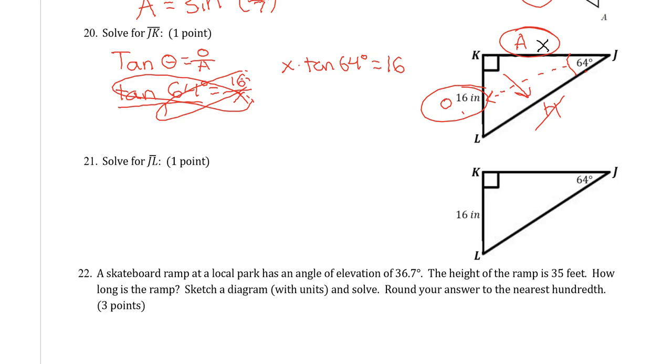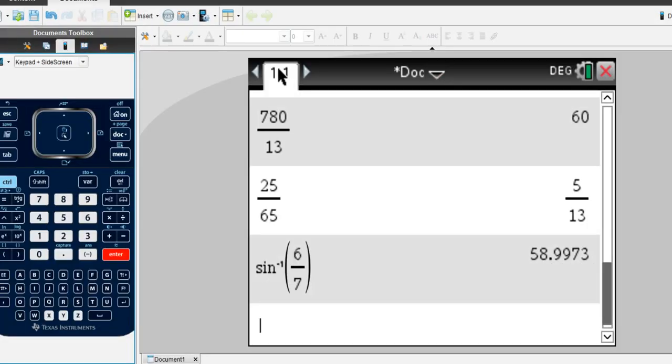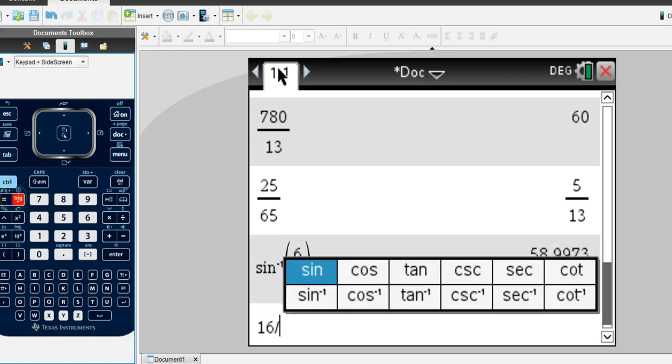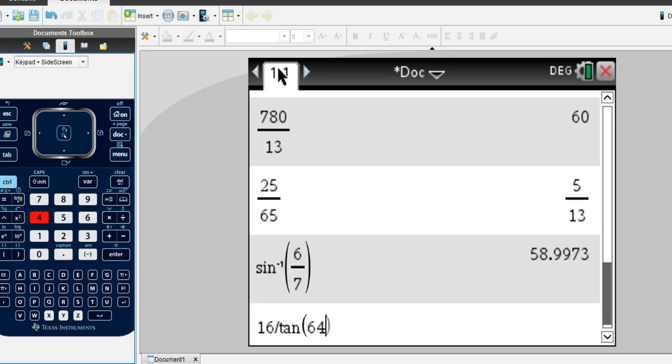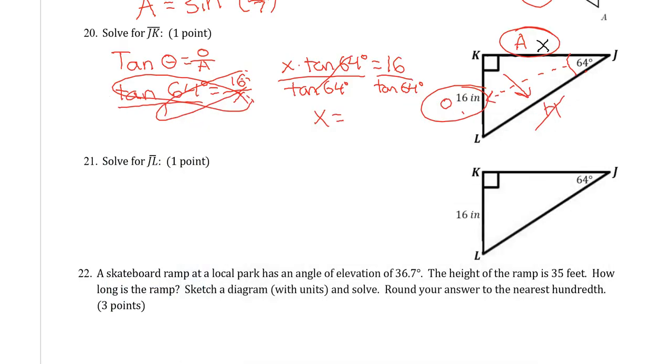Then x is being multiplied by something, so I'm going to do the opposite. I'm left with x equals 16 divided by the tangent of 64 degrees, which in my trig ratios is 7.8.